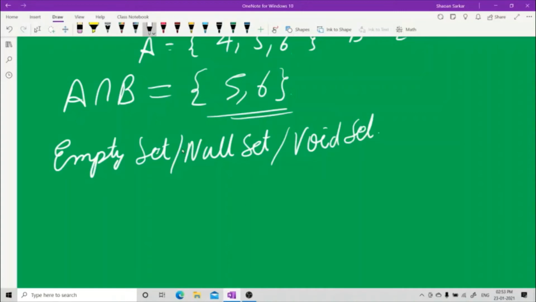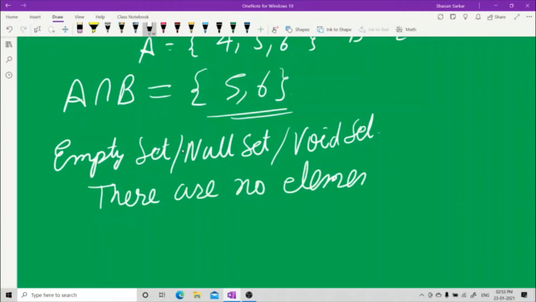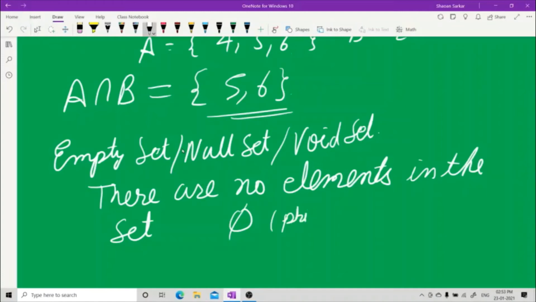This is denoted as: there are no elements in the set. There is nothing inside the set. It is denoted by phi, the Greek alphabet phi.